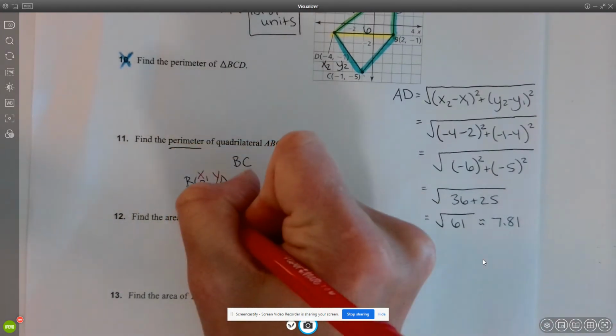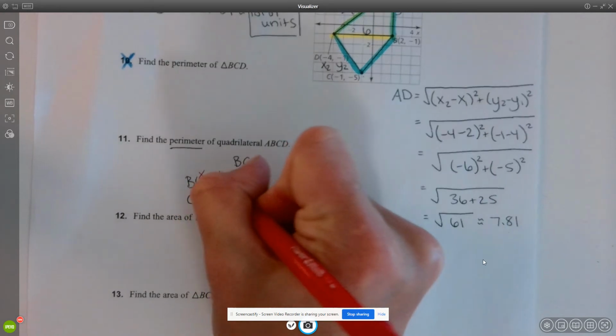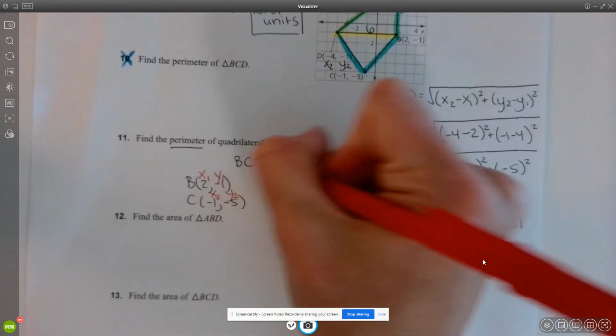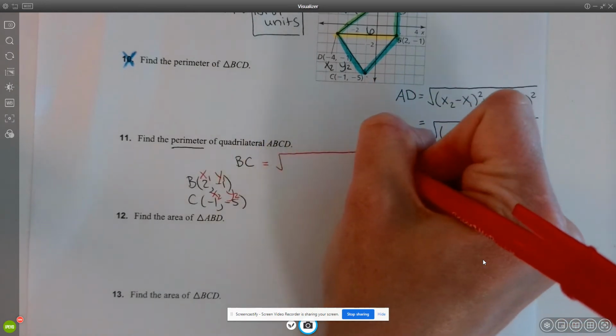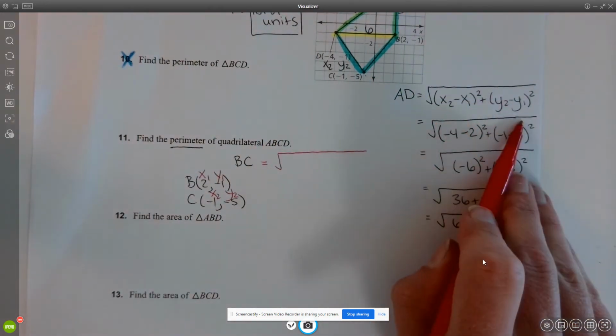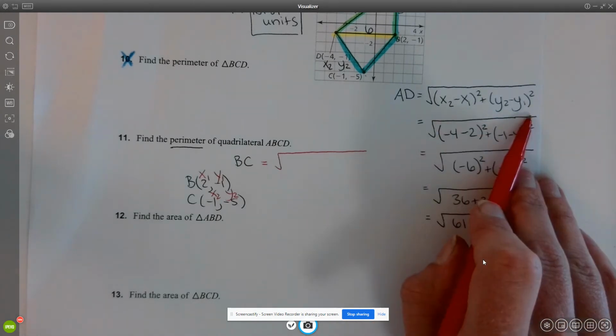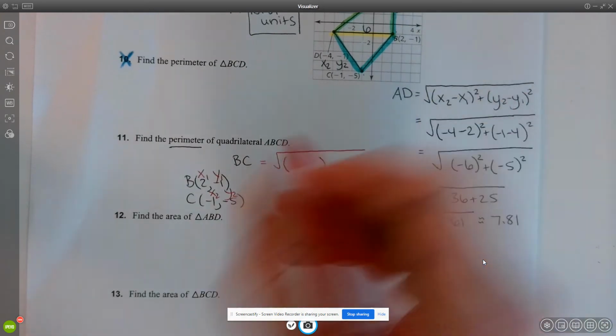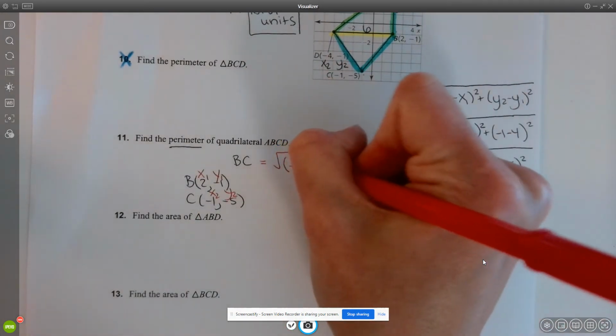So I'm going to label these here for myself. This is going to be equal to, I'm going to use this formula over here. I'm just going to look over here, so I'm not going to keep writing it a bunch of times. x2 minus x1 is negative 1 minus 2.